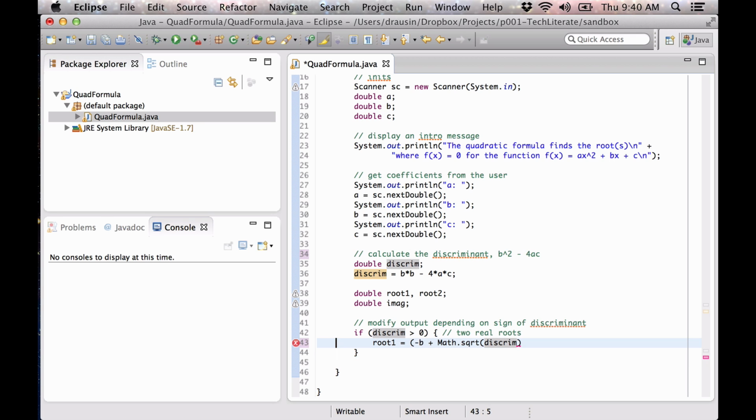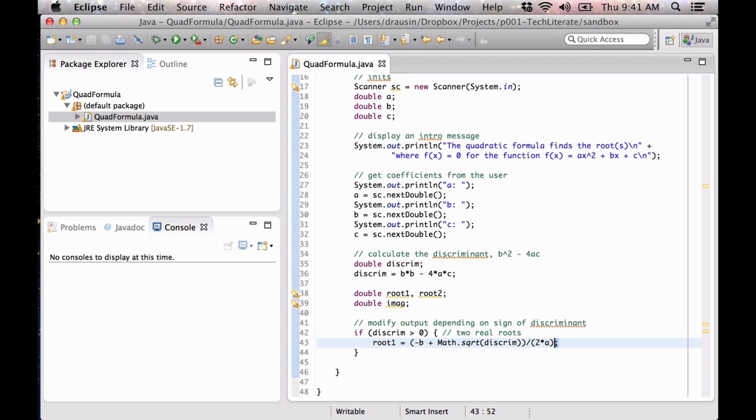Okay. So that's the first thing, and then we need to divide this whole thing by 2a. Now notice if we just divided like that, we would basically be dividing this quantity inside the parentheses by 2 and then multiplying by a. So you've got to remember your order of operations when you're doing this kind of thing.